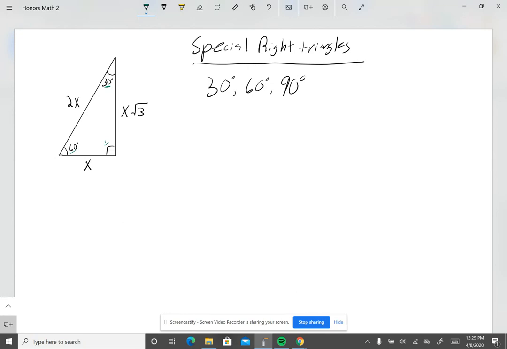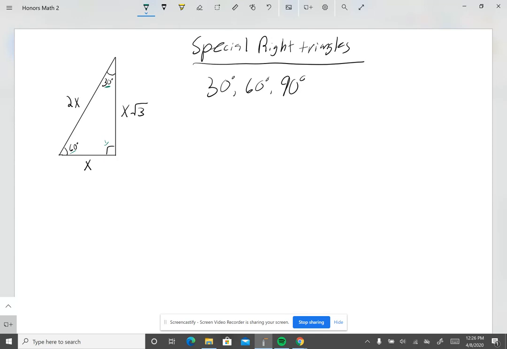Okay, so let's just look at this. The smallest side, which is always going to be the side across from the 30-degree angle, right? Because the 30-degree angle is the smallest angle. So the smallest side is going to be across from it. It's what we base off of. It's x. Okay, so that's the number by itself.